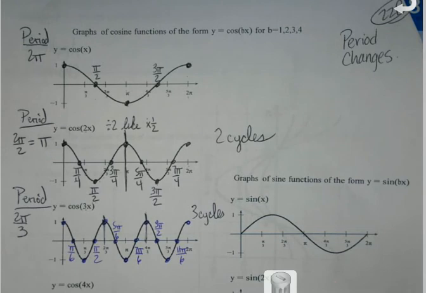And you just see the relationship between them. And that's what we're really trying to work on when we're graphing these particular functions.